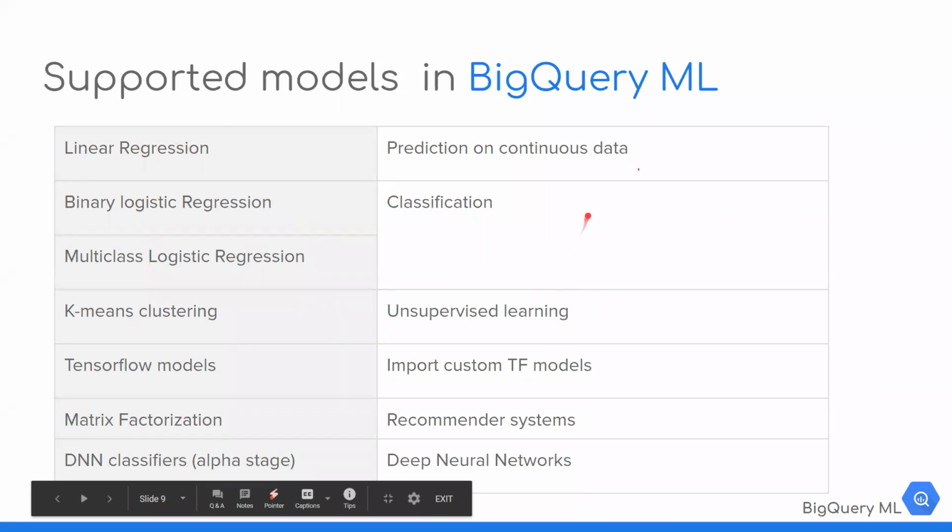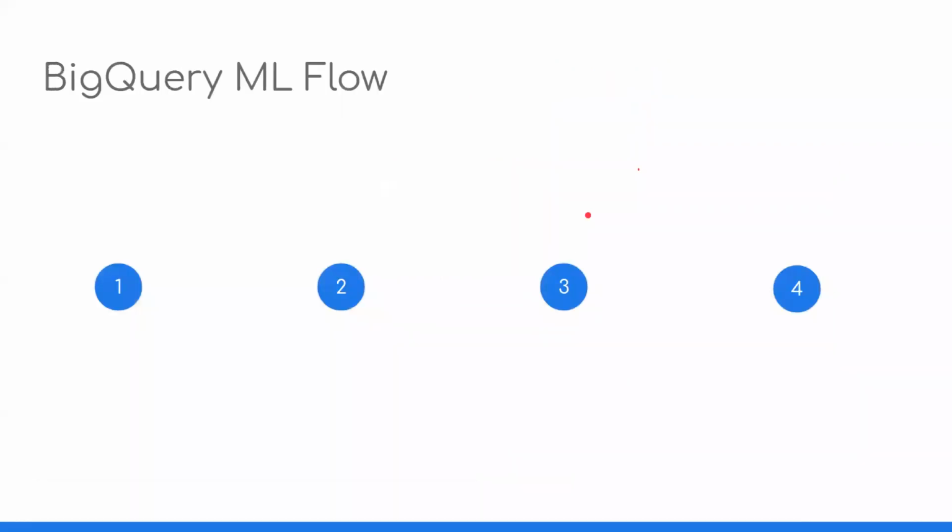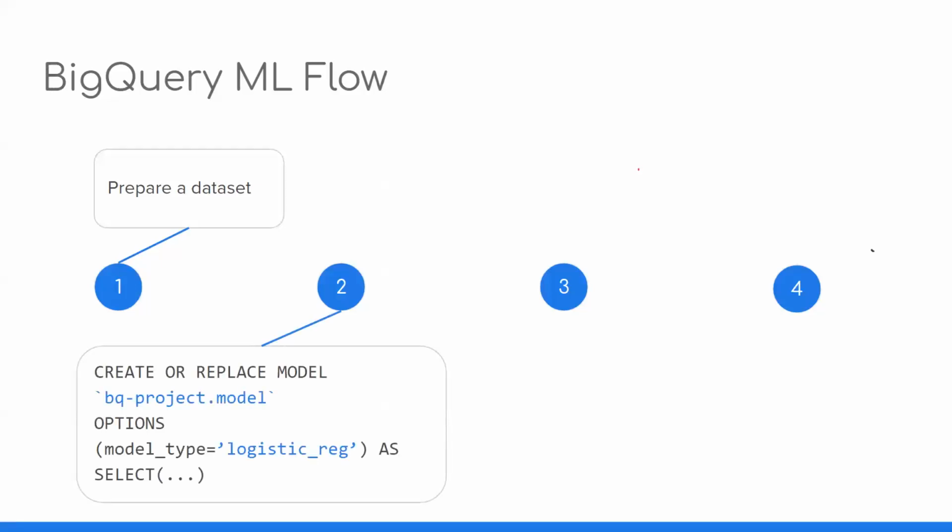machine learning. Right. So before we do our machine learning stuff in BigQuery, we'll get an idea about how the machine learning flow happens. So first, you need to have a data set. You have to prepare your data set. Next, you will use a query called create model.